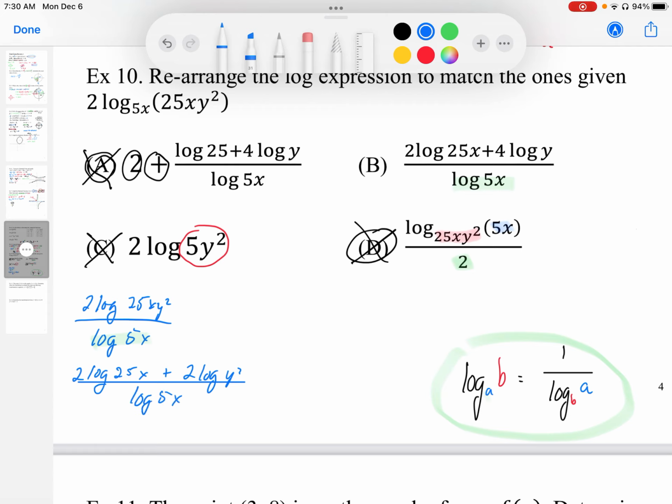And then this power 2 on the outside can be applied out here, and we get our final expression, which matches the answer there. We end up with 2 log 25x plus 4 log y, and that's all over log 5x. So the answer is B.